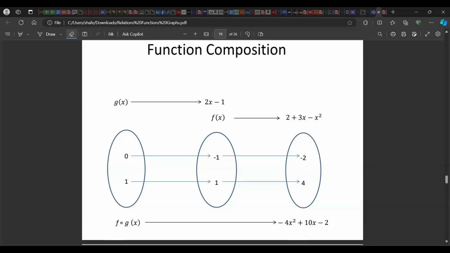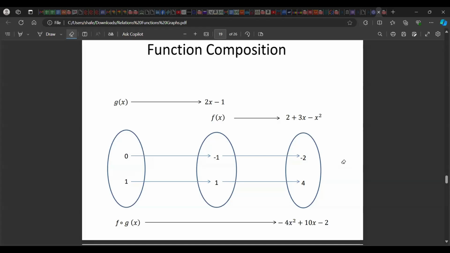You see? So the composite does what two of these functions would have done. The composite of f and g accomplishes what g of x and then f of x would have done. So it is a single function that can do what two other functions can do.